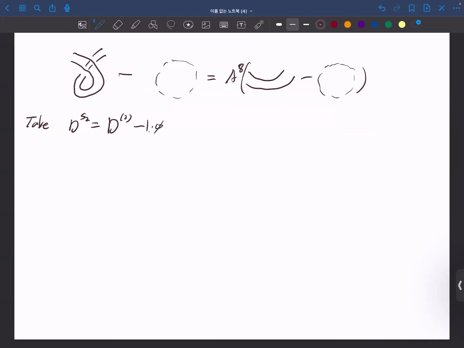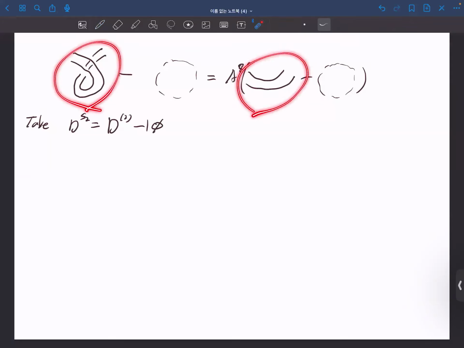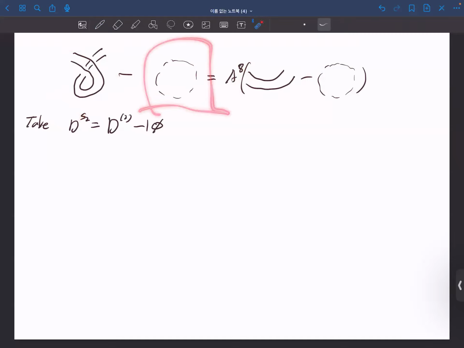Here, for convenience, we remove the empty one. Then when we apply a kink, for the empty knot we don't need to care. It is empty. So we just need to kink the parallels.